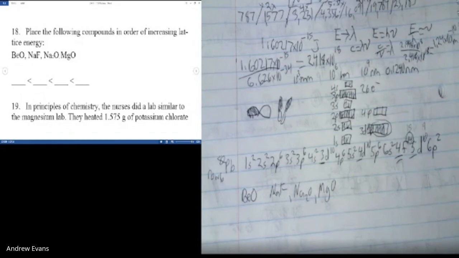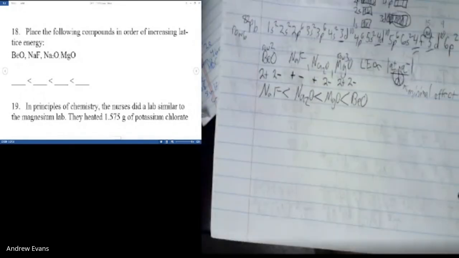Problem 19. In Principles of Chemistry, the nurses did a lab similar to the magnesium lab. Of course, we didn't do the magnesium lab. We did the chlorine, this lab, essentially. So I've given you this lab to try to make it a little bit easier. We did chlorate, where we did 1.575 grams of potassium chlorate.